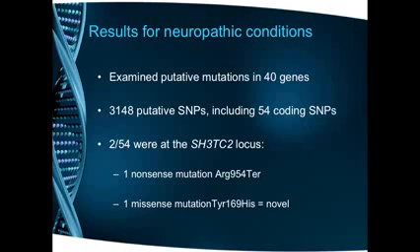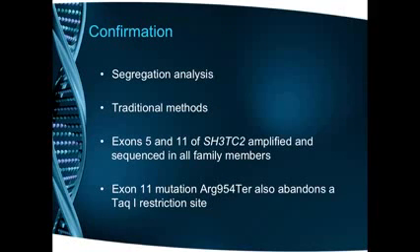This gene has these SH3 domains. These SH3 domains are important for the assembly of protein complexes that then attach to proline-rich regions, and then there are the TPR domains, and those are important for protein-protein interactions. And so they did segregation analysis in the family, and they thought, we're going to confirm this by very traditional methods, and that's what they did.